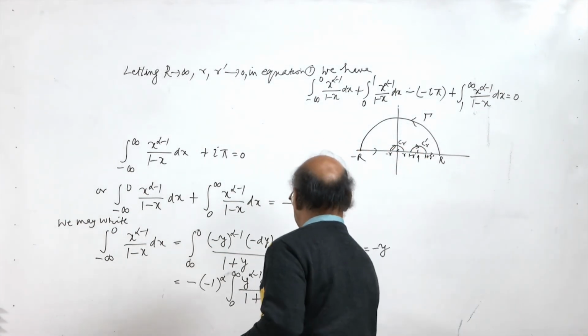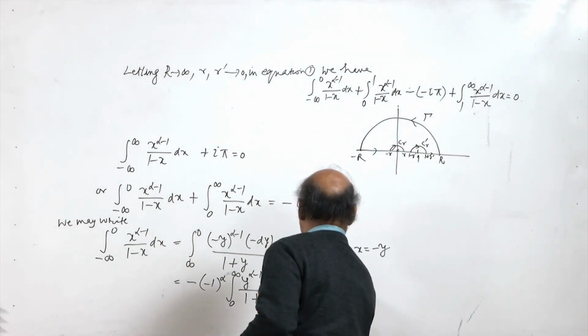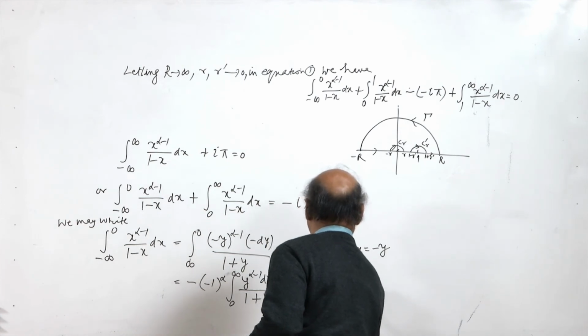So, this is equal to minus e to the power I alpha pi.